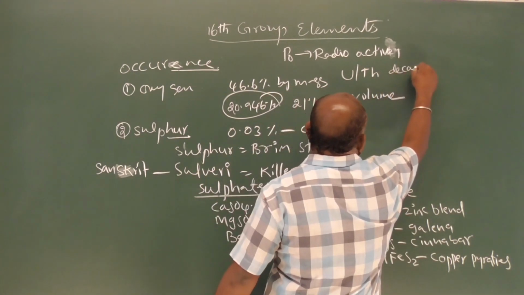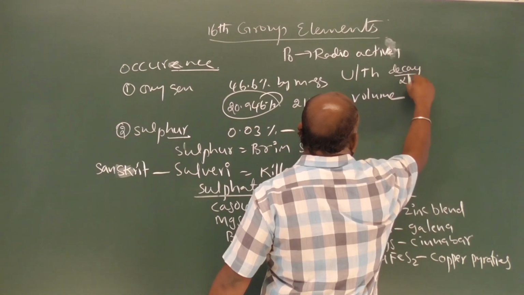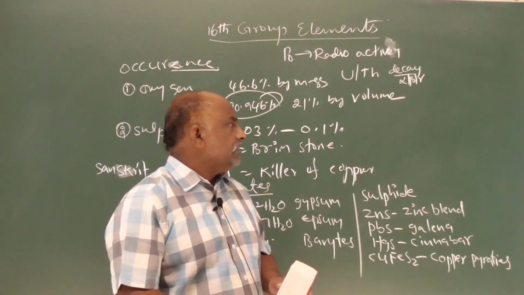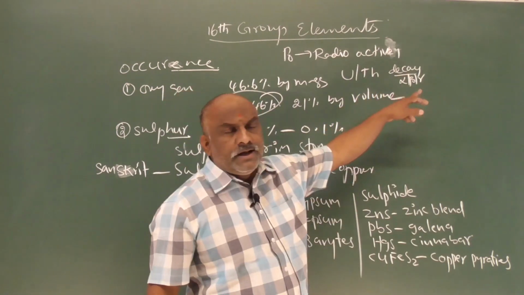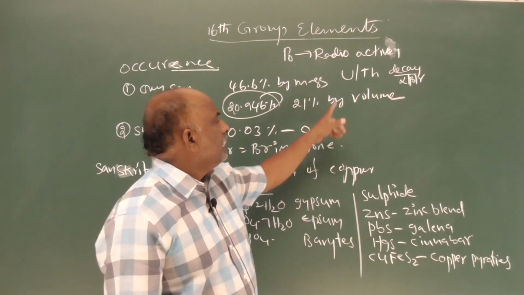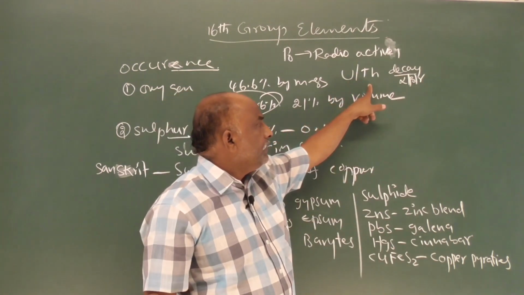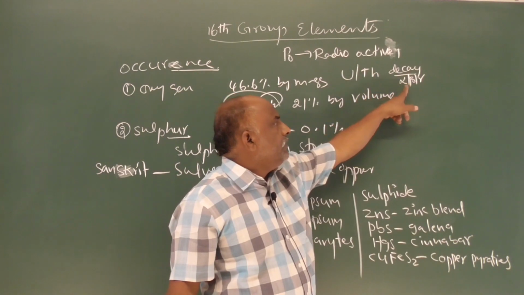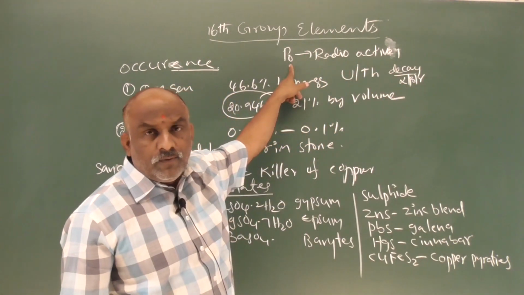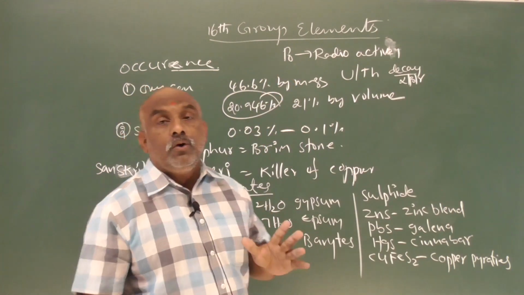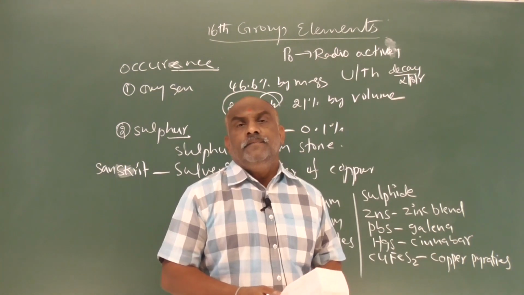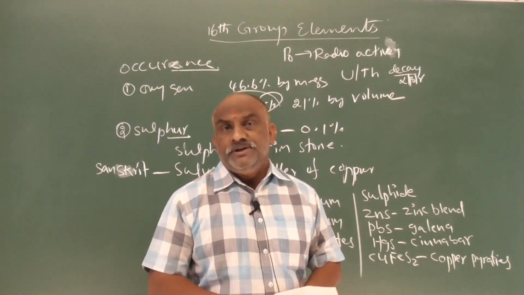They decay by spontaneous emission of alpha, beta and gamma particles, which is natural radioactivity. Then we obtain polonium.